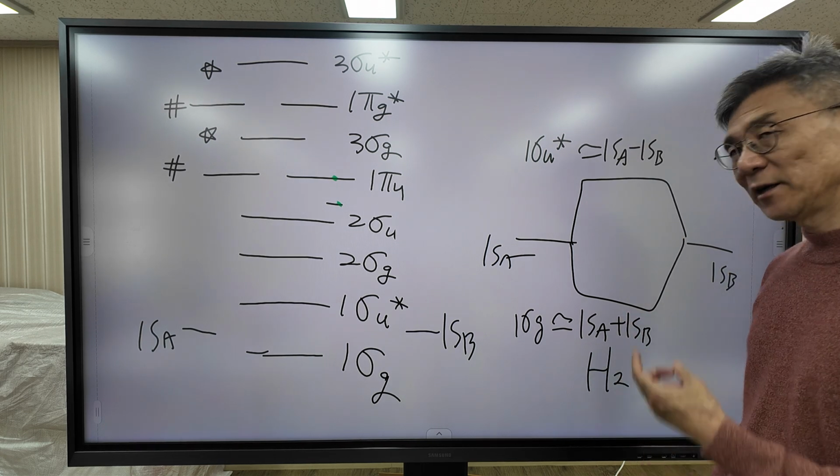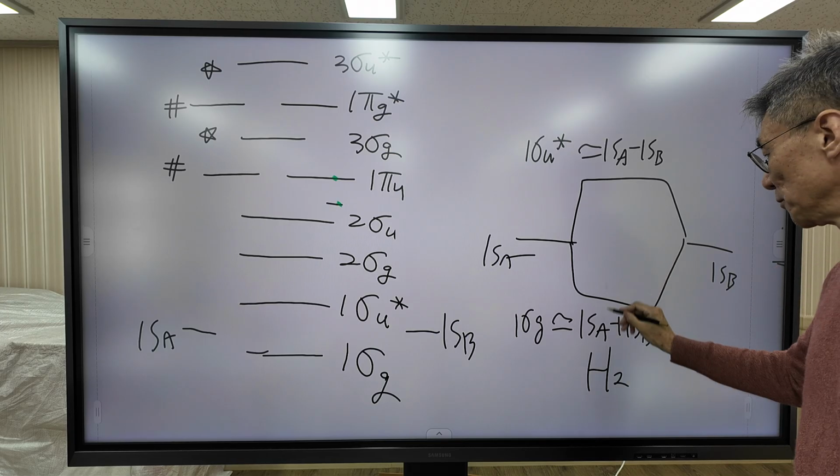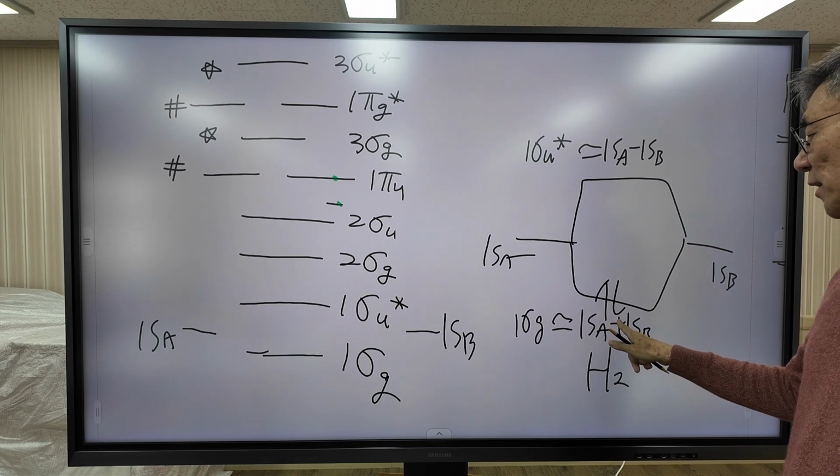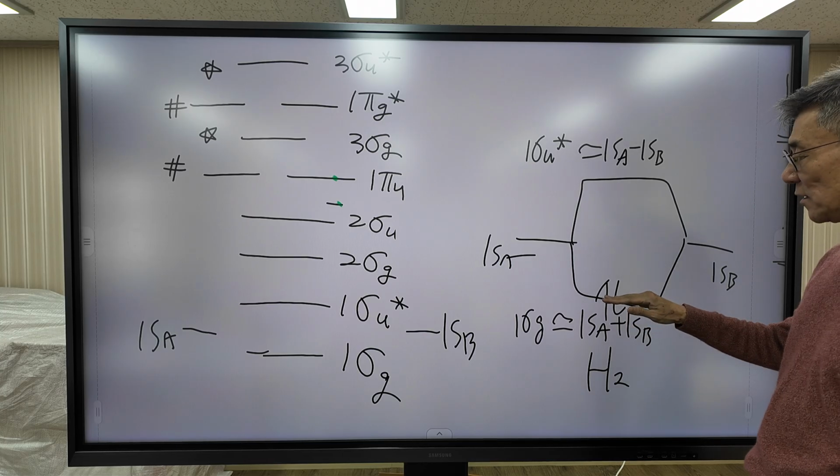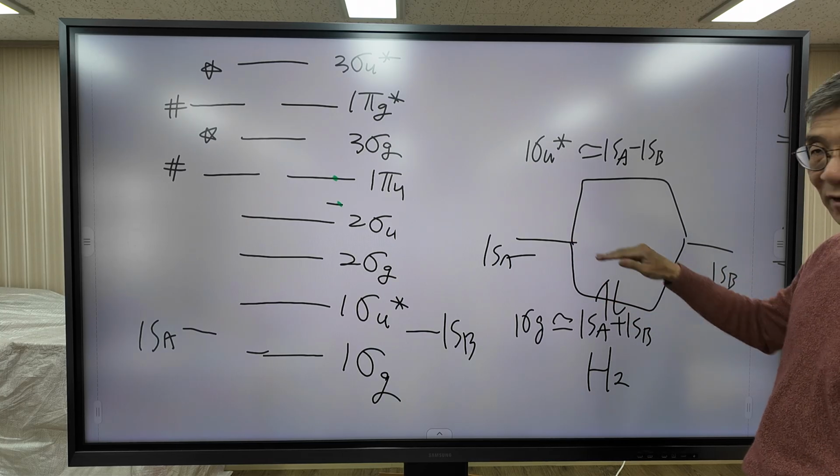H2 has two valence electrons, so the two electrons occupy the bonding orbital. Now, why is the bonding orbital energy level lower than the atomic energy level?